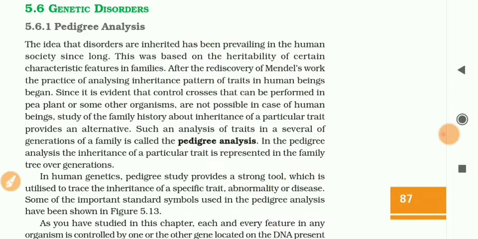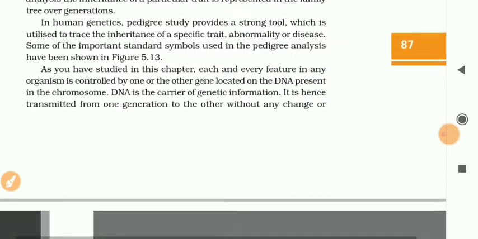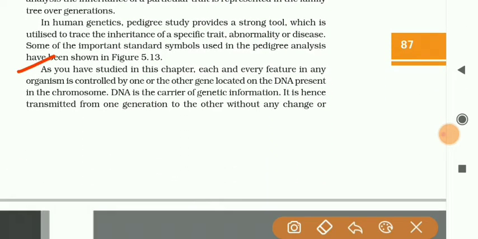As you have studied in this chapter, each and every feature in any organism is controlled by one or the other gene located on the DNA present in the chromosome. DNA is the carrier of genetic information. It is hence transmitted from one generation to the other without any change.